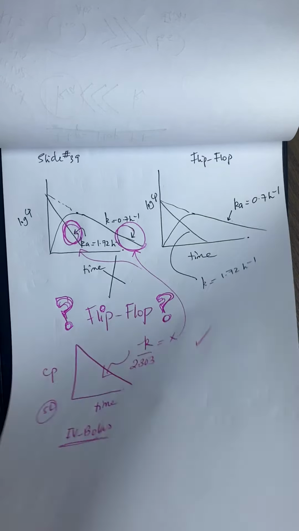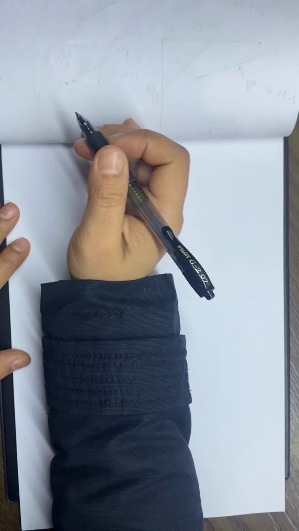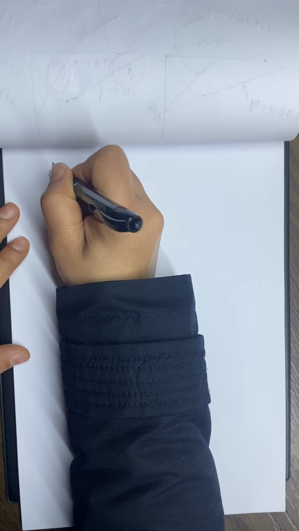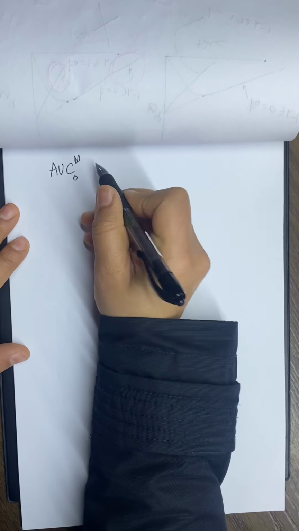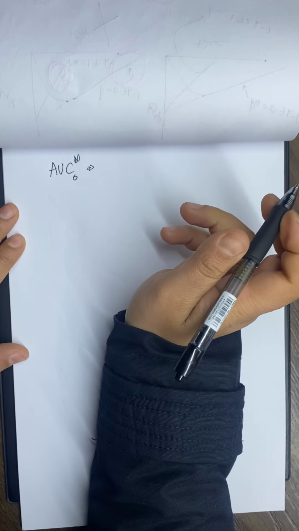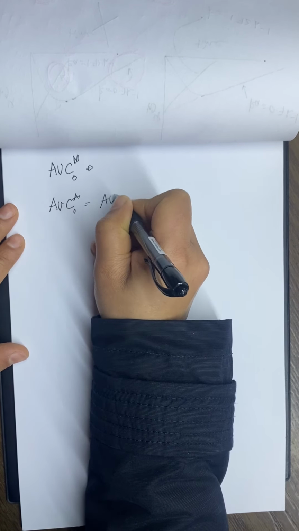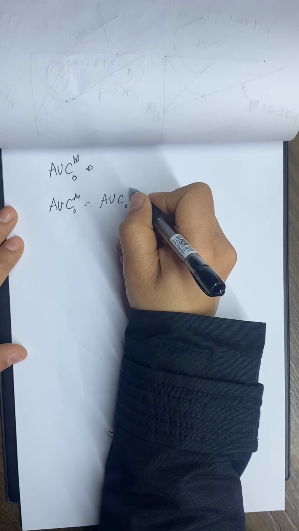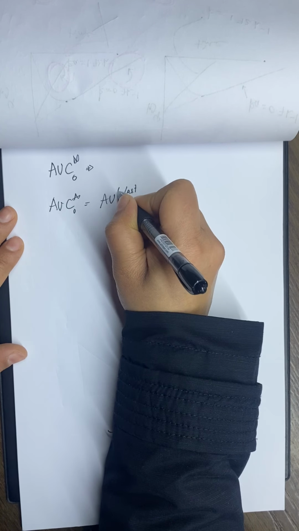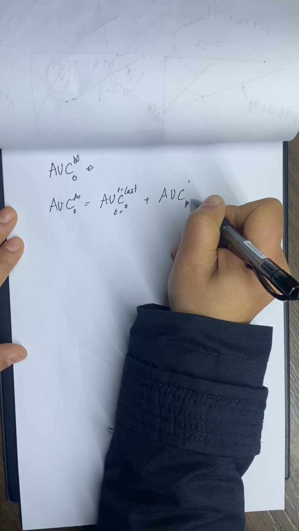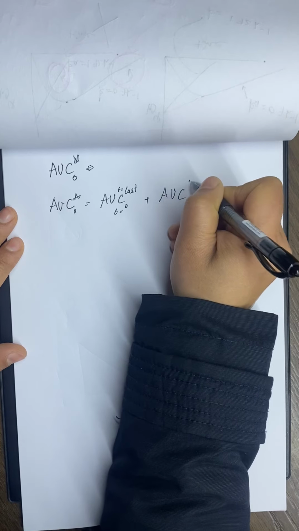Okay, the last point in this video recording is that we will talk about area under the curve, total area under the curve. Before, when we were talking about IV bolus, we said that we need to determine area under the curve from 0 until t last, plus area under the curve from t last to infinity.